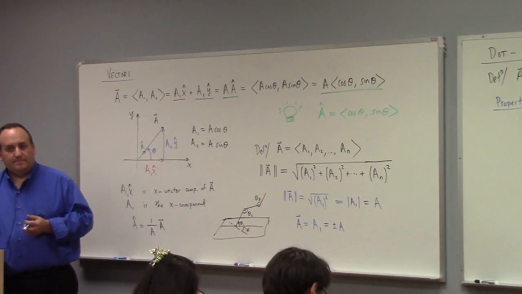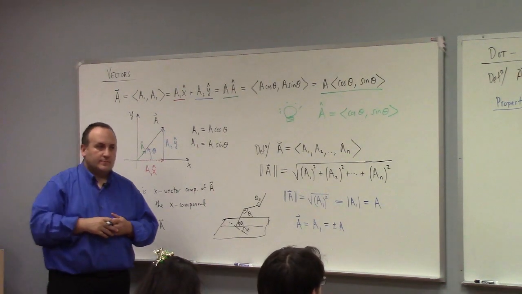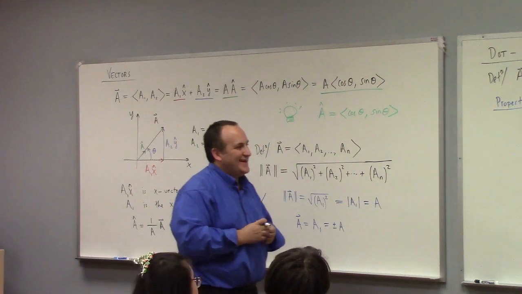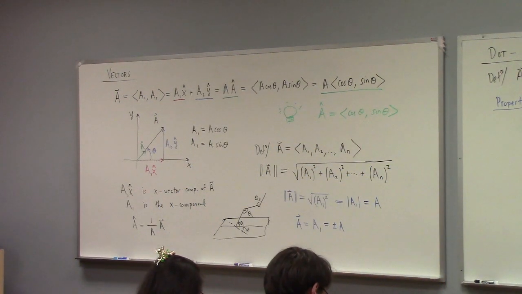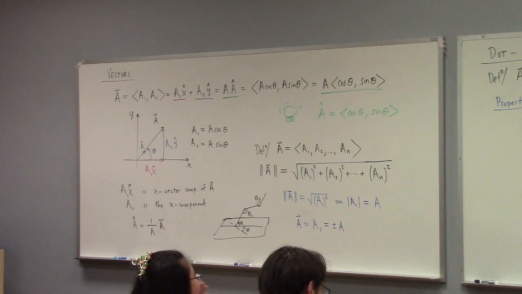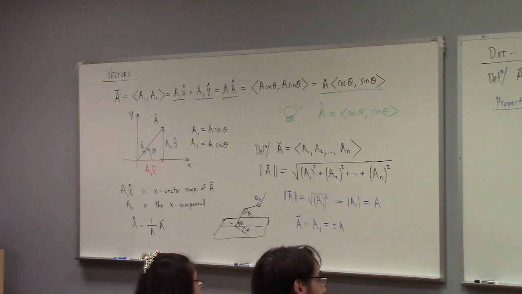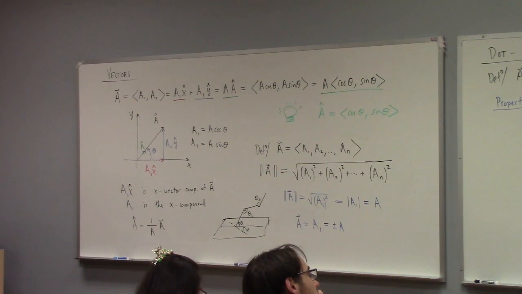Do you guys want me to prove that? It's on the homework, so yeah. Well, I'll get you started. How about this? What's A plus B? What's the ith component of that by definition? A_i plus B_i.